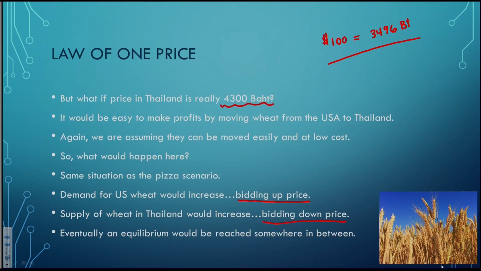Eventually, an equilibrium will be reached, and it's going to be somewhere in the middle. So this is exactly like the pizza scenario. People ran to Joe's because they had the lower price. Demand increased, bid up price. But we didn't see Maria selling as much. Price went down. All right, you get the idea. So we're back to this idea of law of one price.